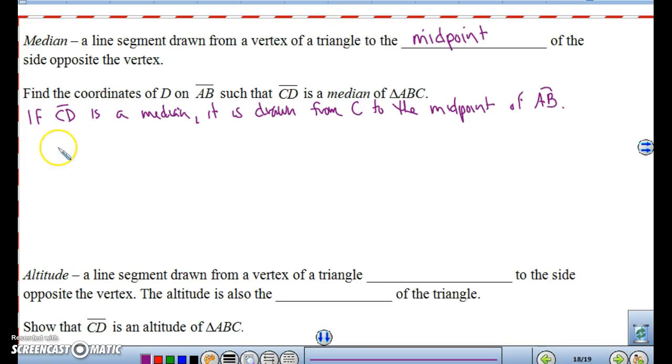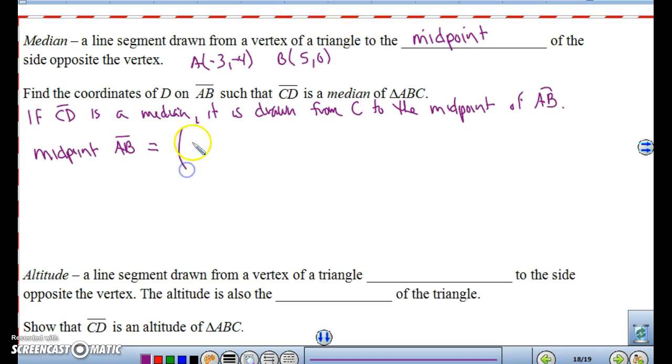So the midpoint of AB is the sum of the coordinates divided by 2. So your points for A and B, A was at -3, -4, and B was at 5, 0.